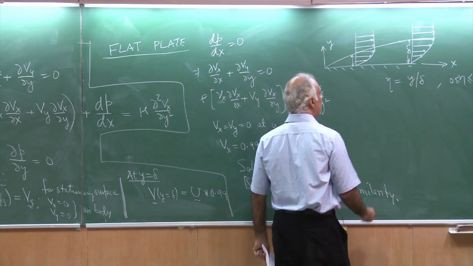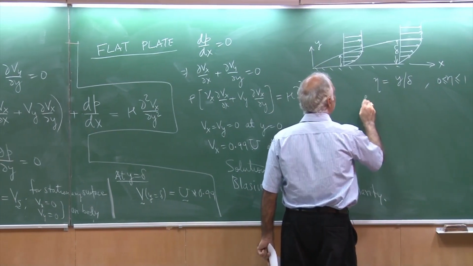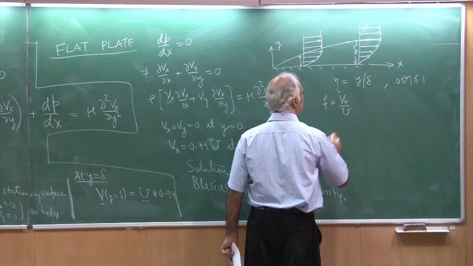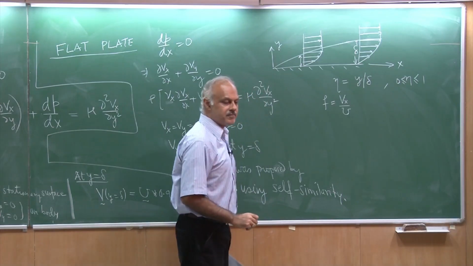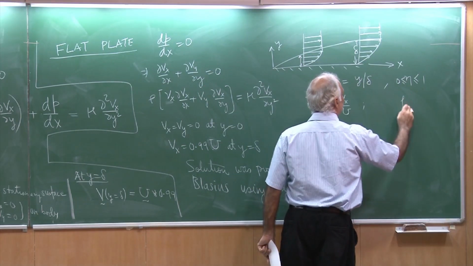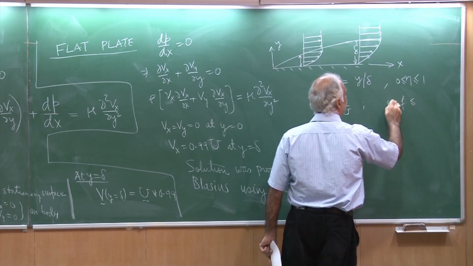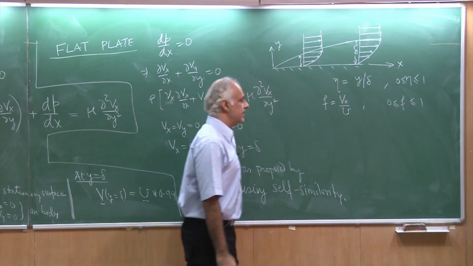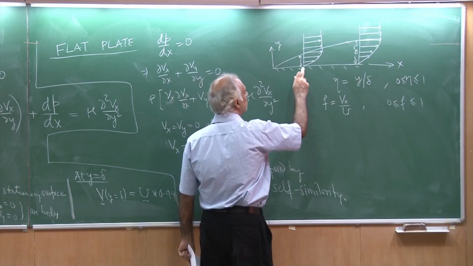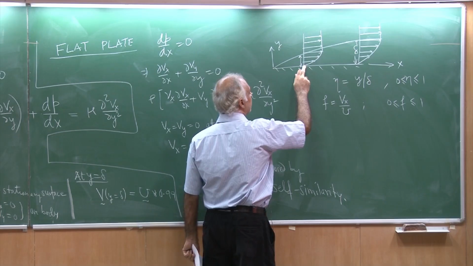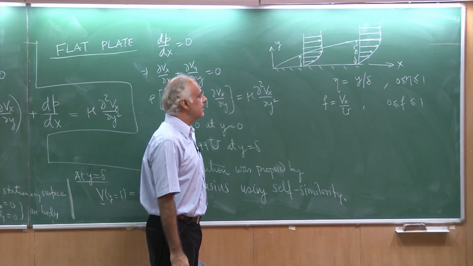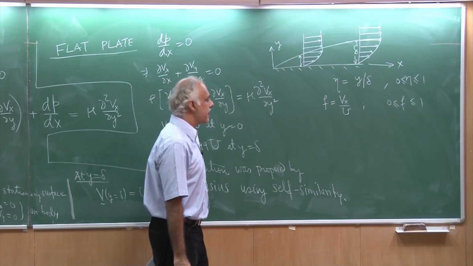And I am going to define my f as Vx by u. And this f will also go between 0 and 1. So there is no flow separation, and I am assuming that the speed is 0 here, and of course it is close to 1, 99% of 1 at the edge of the boundary layer.